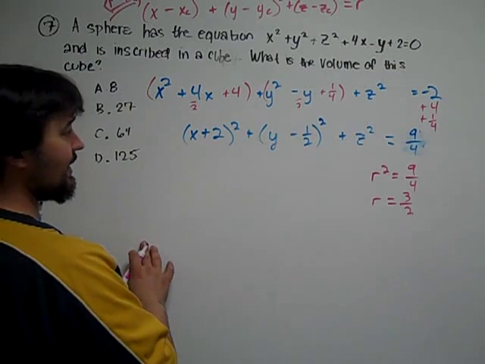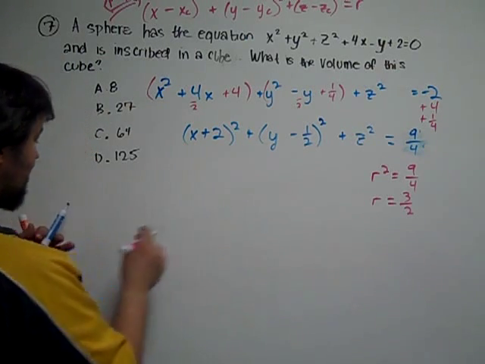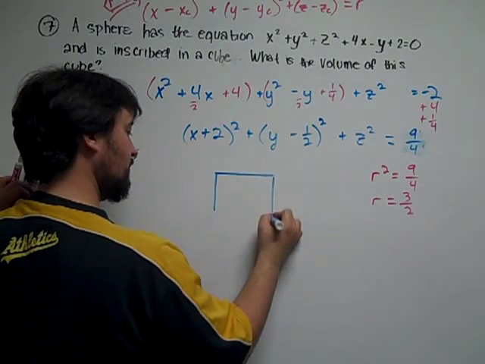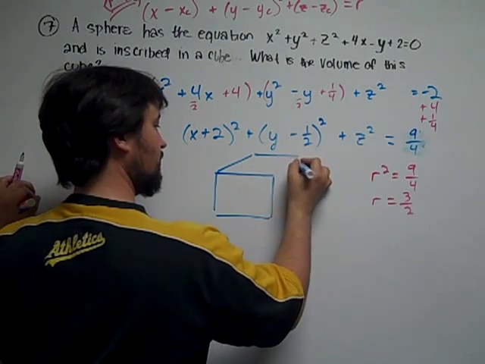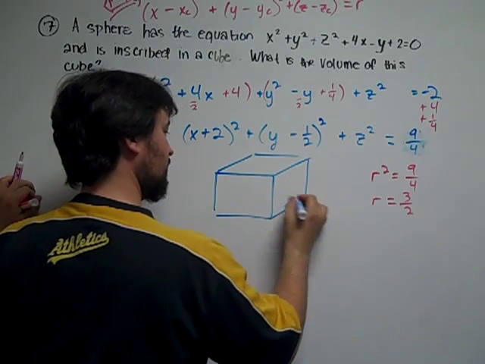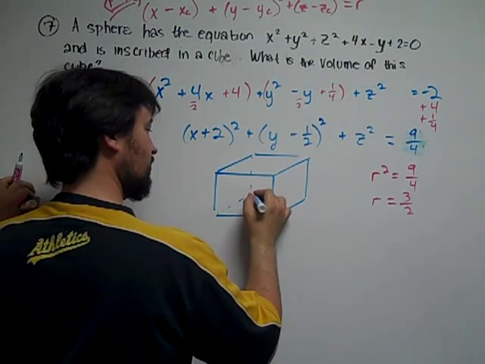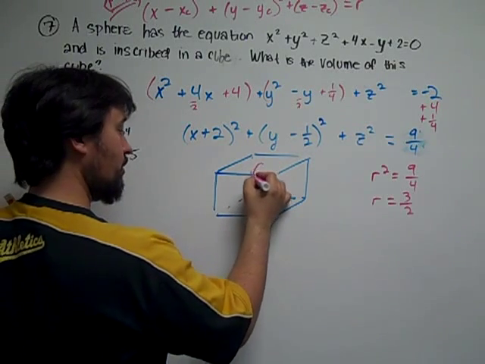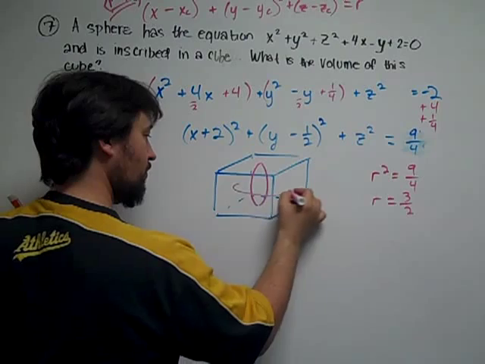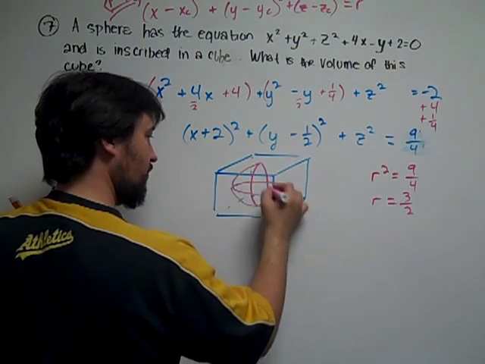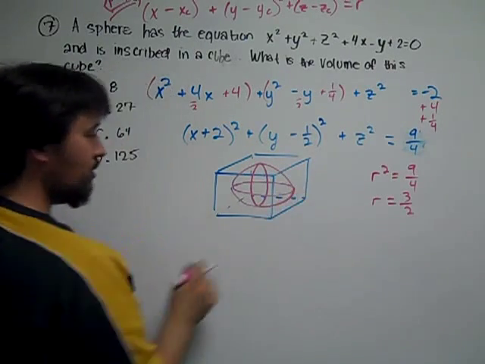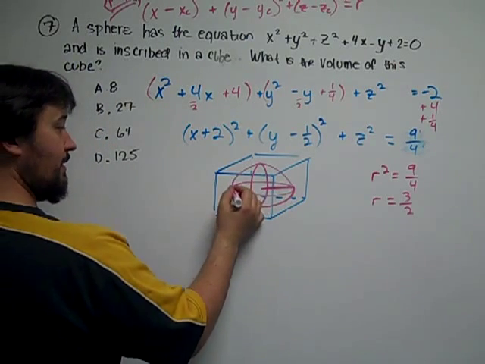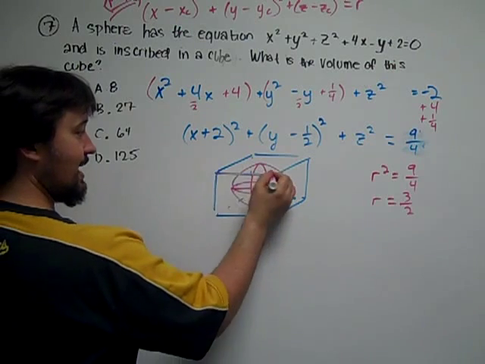Well, what we need to know is the side length of the cube. And if we have a cube, and then we're going to put a sphere inside of it, what you notice is that that's the radius, and that's the full diameter, and that's exactly equal to that.